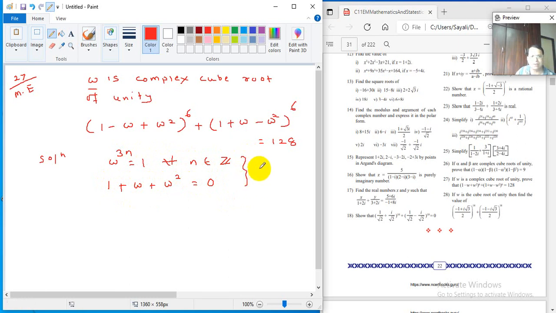Suppose I call this A. So this A contains two rules. So these we must remember. And now, the left hand side, LHS, suppose I write: (1 minus omega plus omega squared) bracket raised to 6 and plus (1 plus omega minus omega squared) bracket raised to 6.